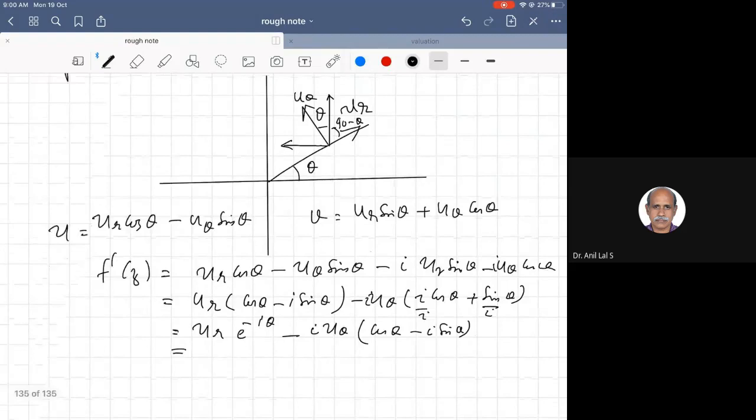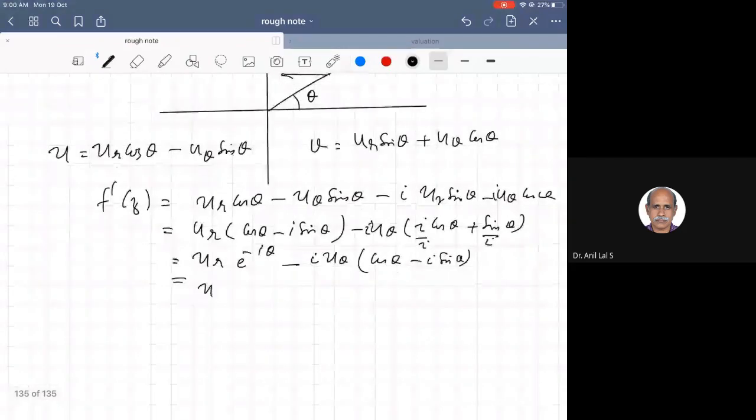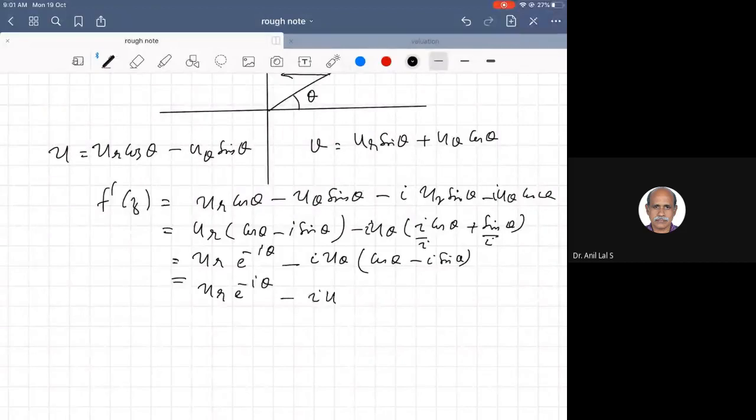That is ur e raised to minus i theta minus i u theta e raised to minus i theta. So ur minus i u theta, into e raised to minus i theta.